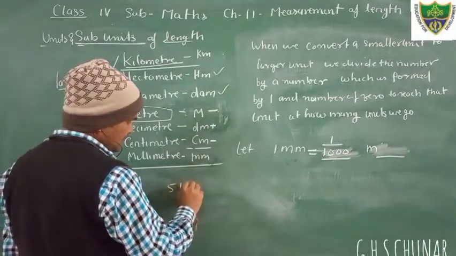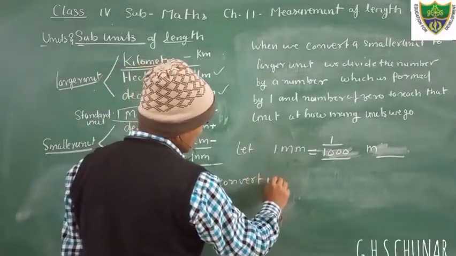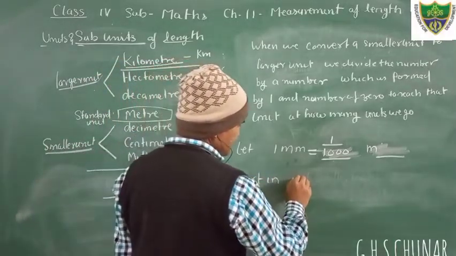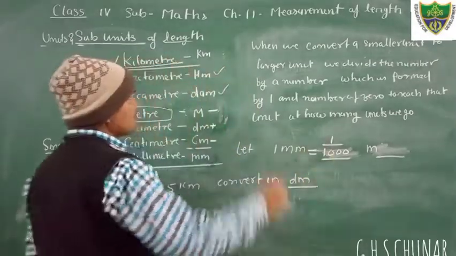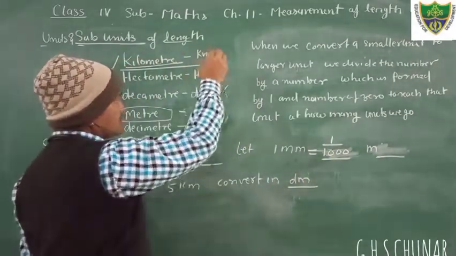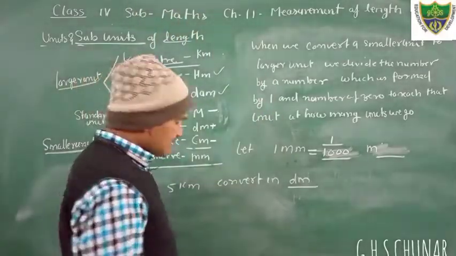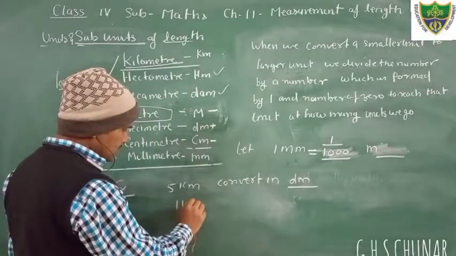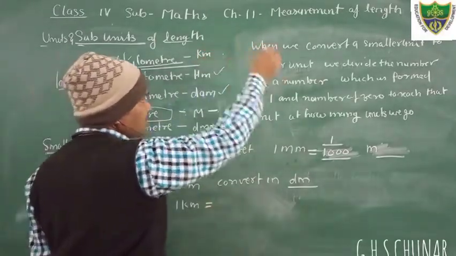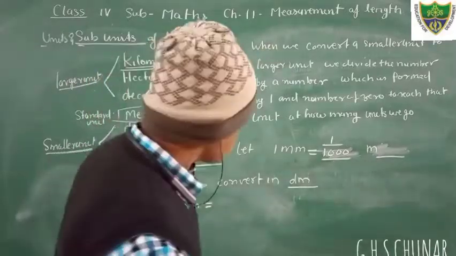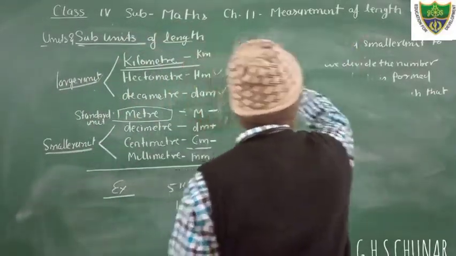Example we take 5 kilometer convert in decimeter. We want to convert in the decimeter. What is the relation between the kilometer and decimeter? To find out the relation between the kilometer and decimeter, first we write 1 kilometer is equal to how many decimeter?